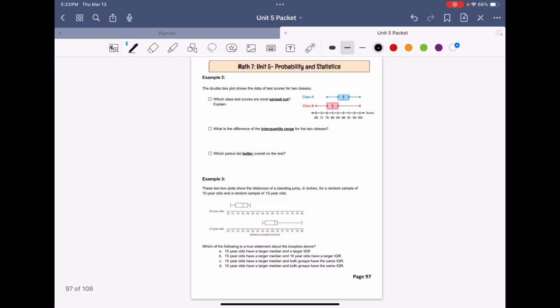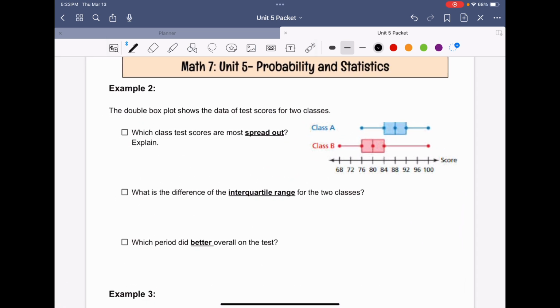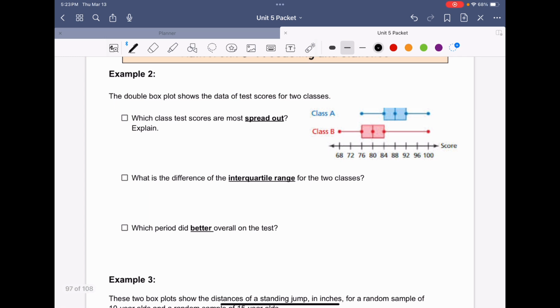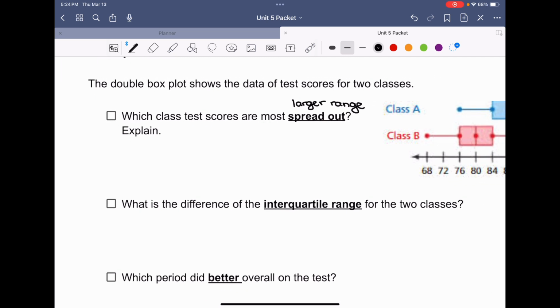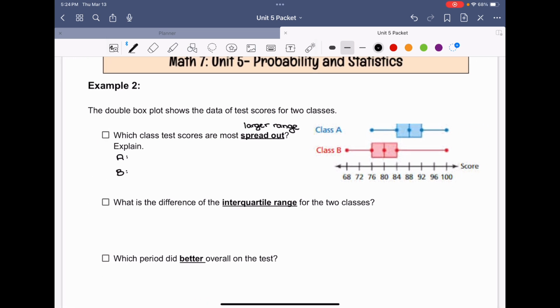All right, next page. Example 2 says, the double box plot shows the data of test scores for 2 classes. Which class's test scores are the most spread out? Remember, the more spread out it is, the larger the range. So we first need to find the range for class A and the range for class B. Maximum minus minimum.